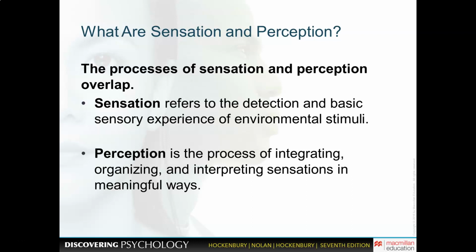So, for instance, when we are smelling something, once we've taken in the sensory information, the brain interprets it, processes it, and then we give it a name. We make it meaningful. We will say, oh, that's the smell of a rose, or that smells like chicken soup, or something like that. That is perception.